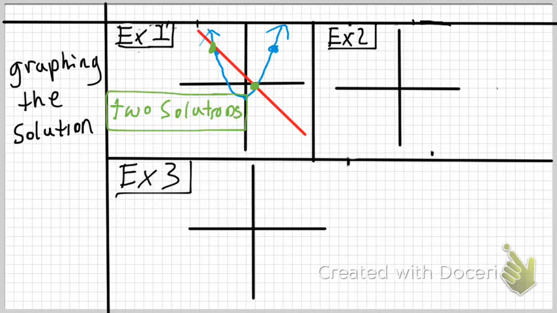For our second example, let's look at something which has one solution. So we draw our little parabola again.